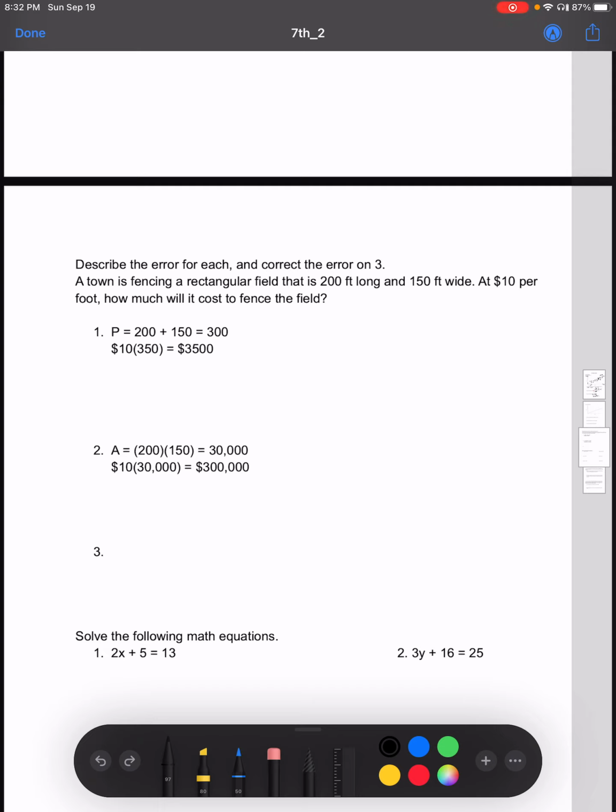A town is fencing a rectangular field that is 200 feet long and 150 feet wide. At $10 per foot, how much will it cost to fence the field? Well, we see here that this is trying to find the perimeter.